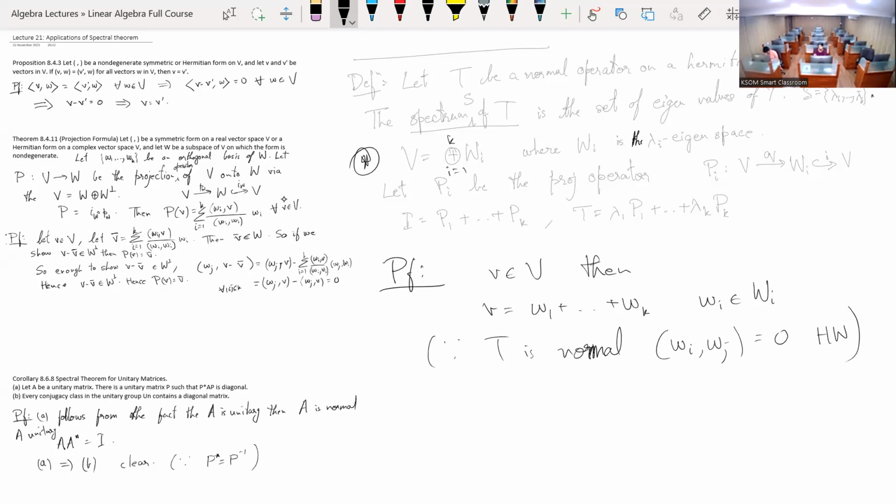So you can find an orthonormal basis consisting of eigenvectors. If something is in W1 and something is in W2, then they have to be orthogonal. There can't be any relation between them. This follows from the homework problem which says that for a normal operator, two eigenvectors with different eigenvalues must have inner product 0.